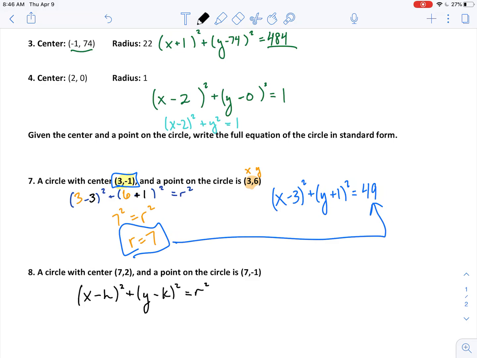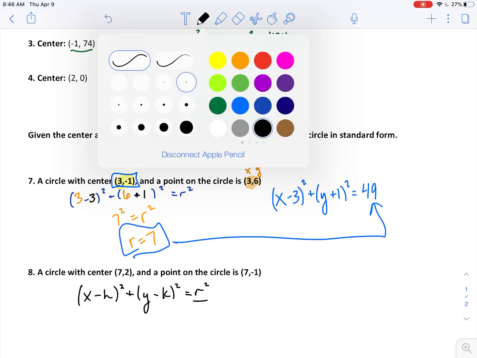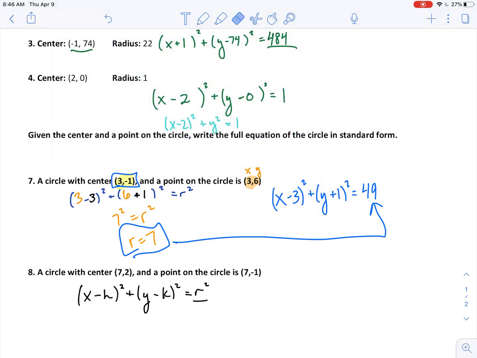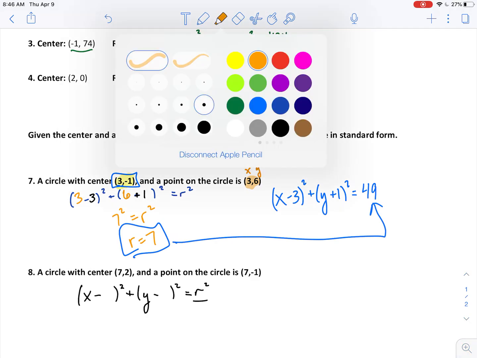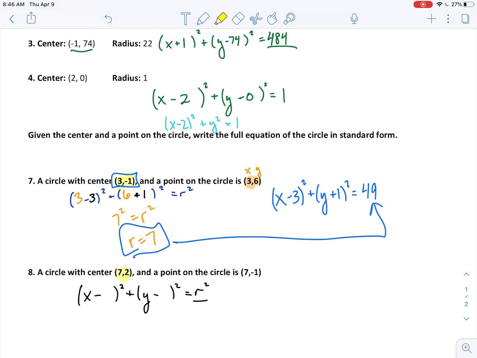And same thing here, let's solve for our radius here. y minus k squared equals r squared.